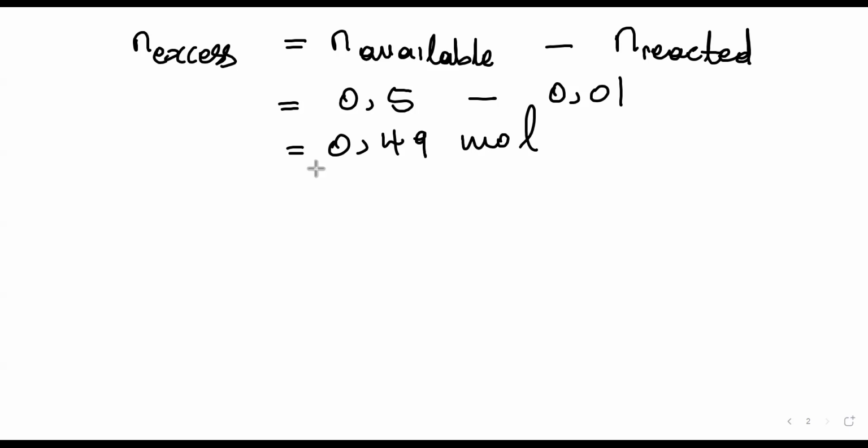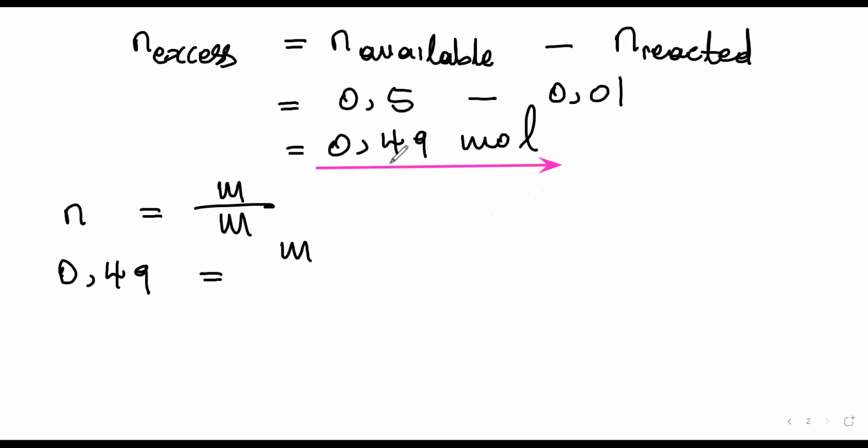Now it's time for us to find the mass. We know that the number of moles equals mass divided by the molar mass. I have a very terrible capital M, so if you see something funny in the denominator, just try not to laugh.